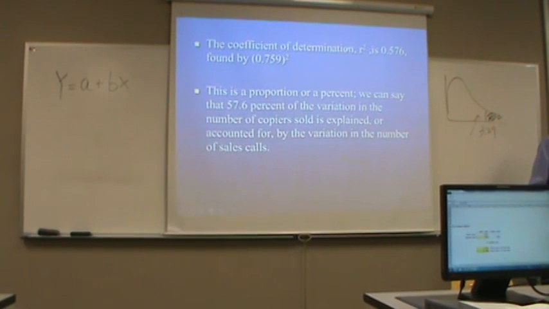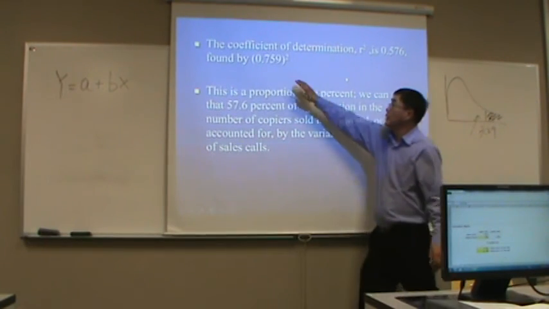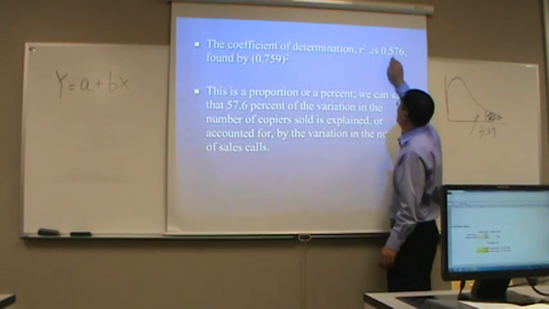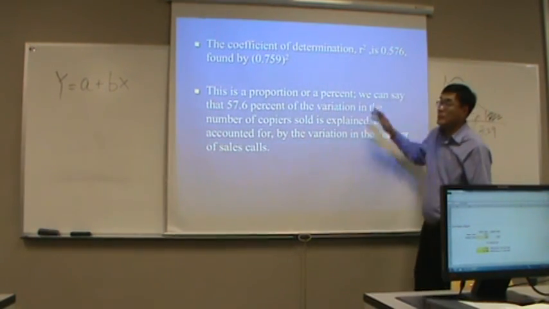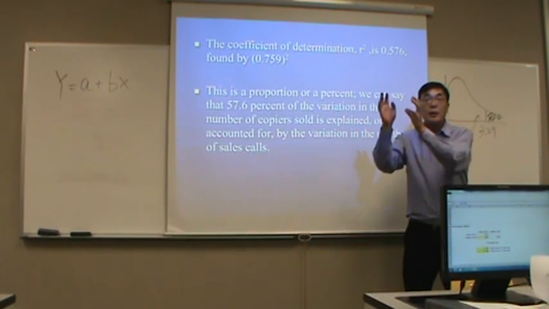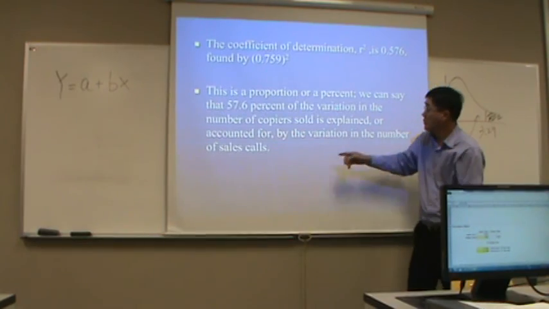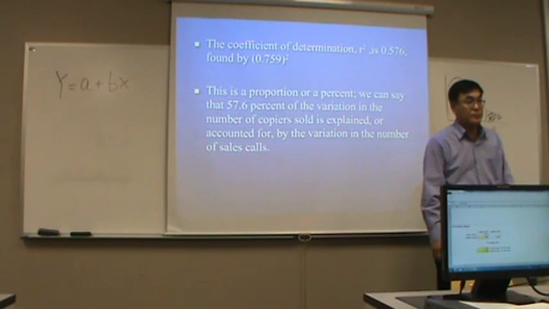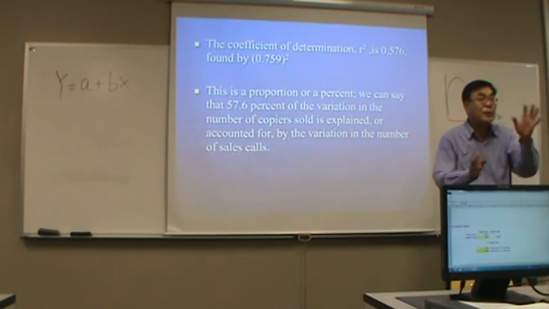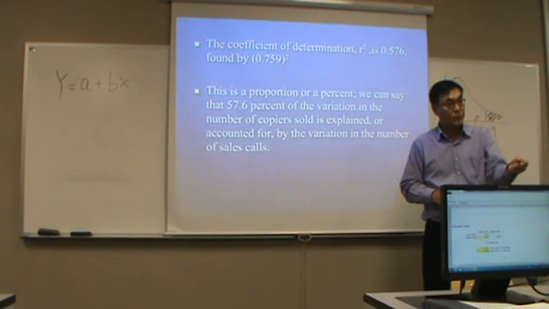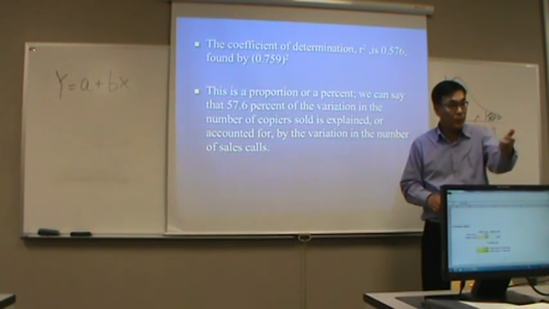So the coefficient of determination R square is 0.576. If R is 0.759, then 0.576 means copiers sold is explained by sales calls by how much? 57.6%. Something like this. 1 call, 2 calls, 3, 4, 5.